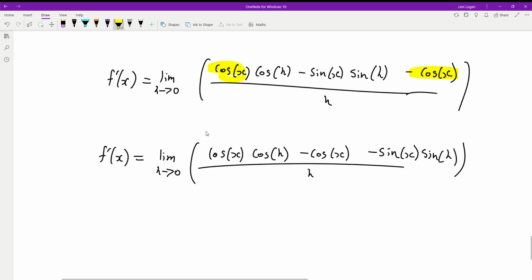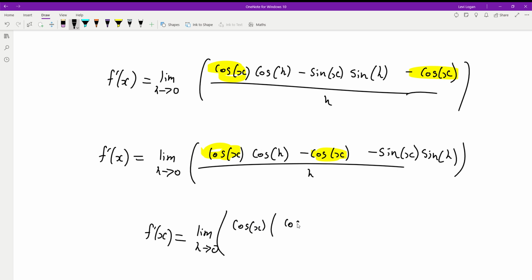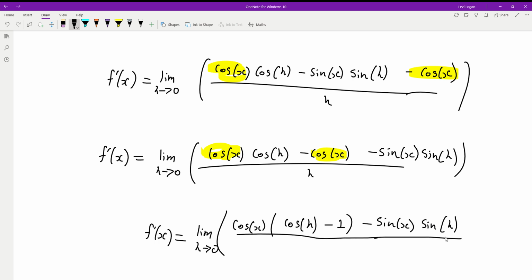Now I can factor out a cos of x in this expression here. So I get f dash of x equal to the limit as h goes to 0 of cos of x factored out of this, so I'll have cos of h minus 1 minus sine of x times sine of h on h.